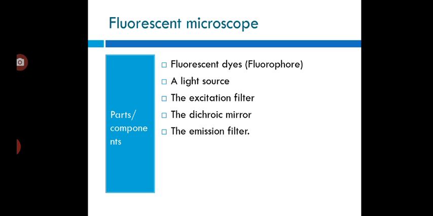The parts or components of fluorescent microscopes include fluorescent dye, which can also be called fluorophore. A fluorophore is a fluorescent chemical compound that can re-emit light upon light excitation. Fluorophores typically contain several combined aromatic groups, or planar or cyclic molecules with several pi bonds.